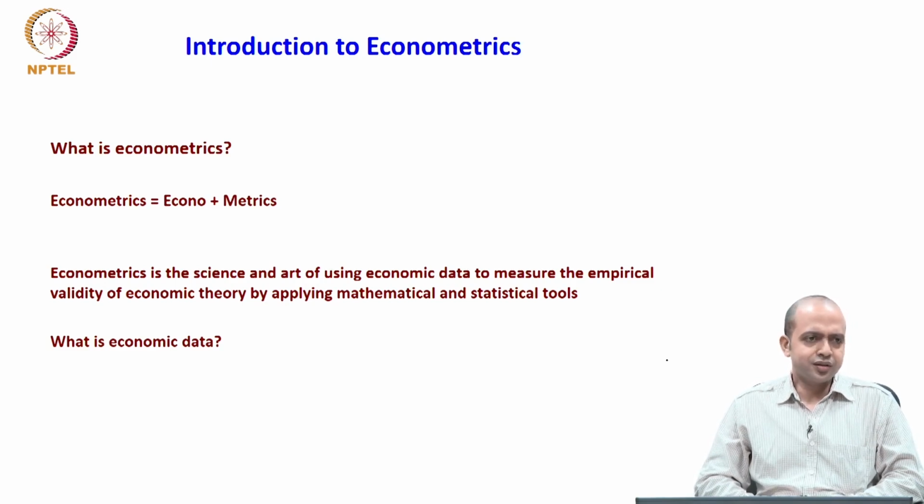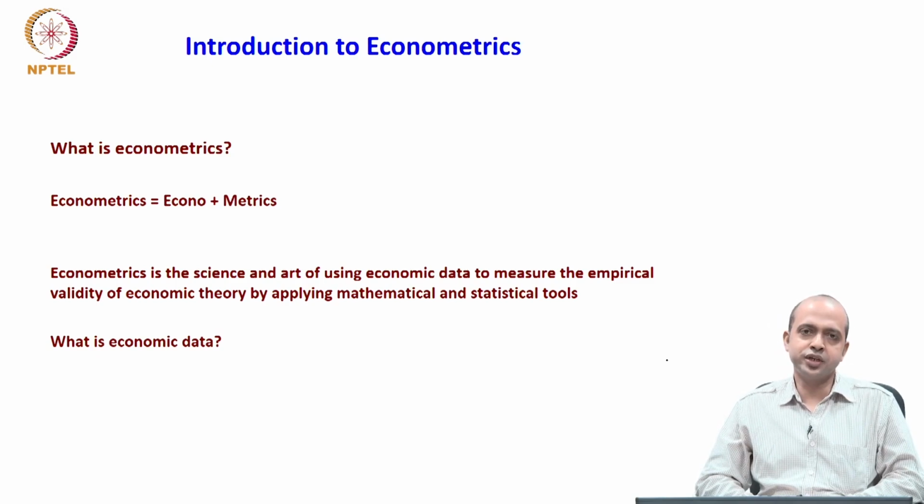Now, if I give a small example, the things would be much clearer to you. What is mathematical economics? By mathematics, we may think, oh, econometrics is then mathematical economics. Actually, econometrics is not mathematical economics, because what is the objective of mathematical economics?